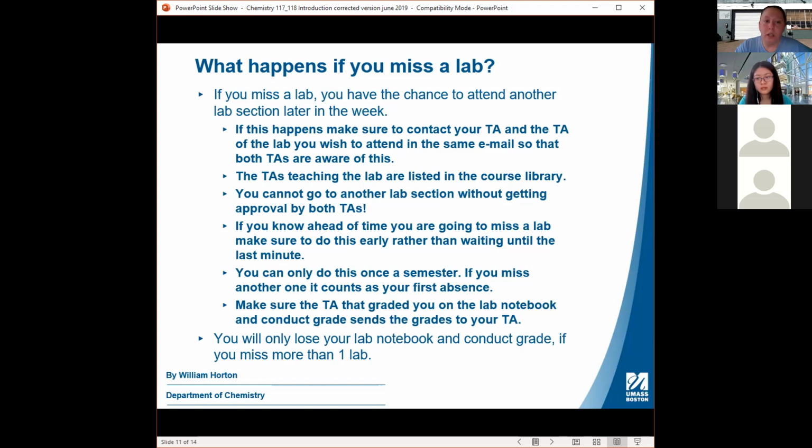If you miss a lab and are not able to make the following day's lab, you can use that as your one absence for the semester. But after that, we won't be able to make additional accommodations in the same way.